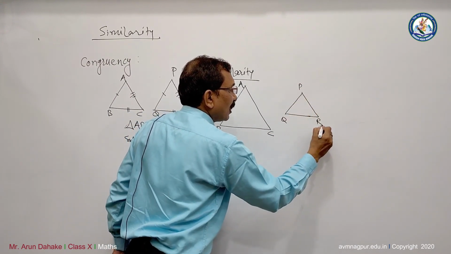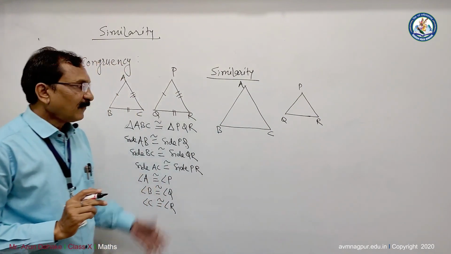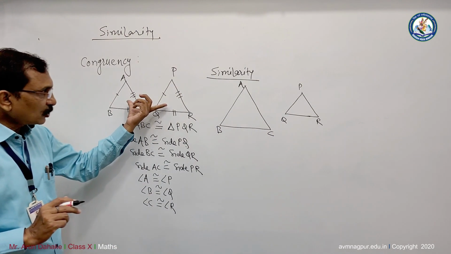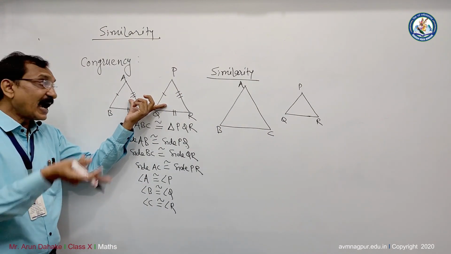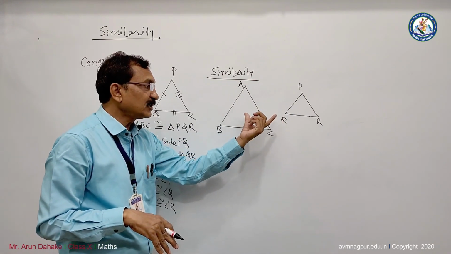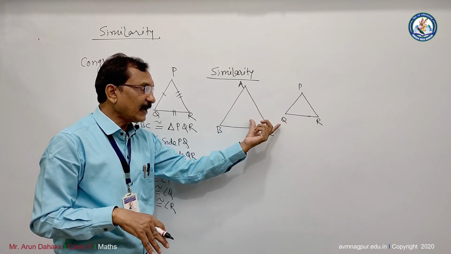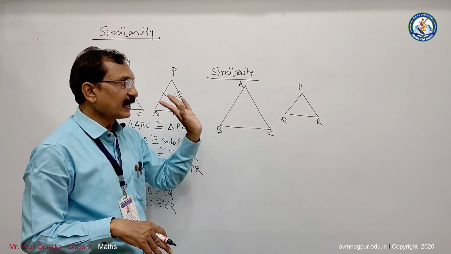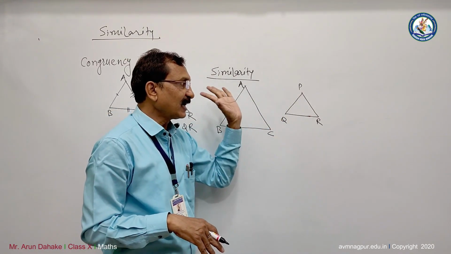Now observe the first two figures and these two figures. Here the two triangles have the same shape and same size, but here the triangles have the same shape but of different size. Now ABC is the greater triangle, PQR is the smaller triangle.